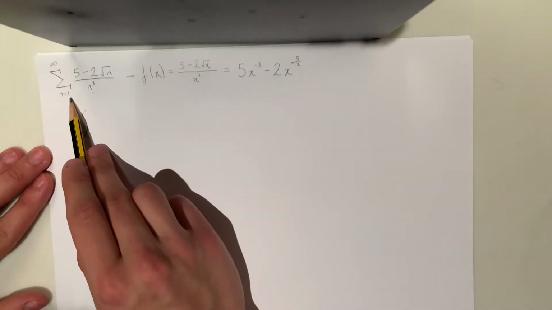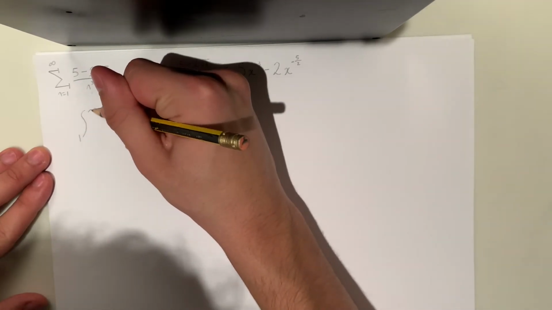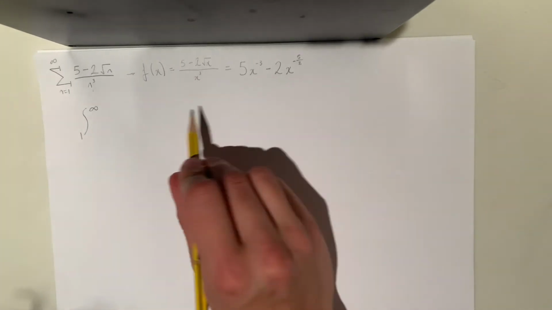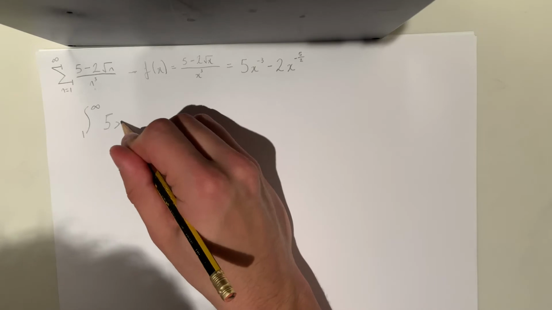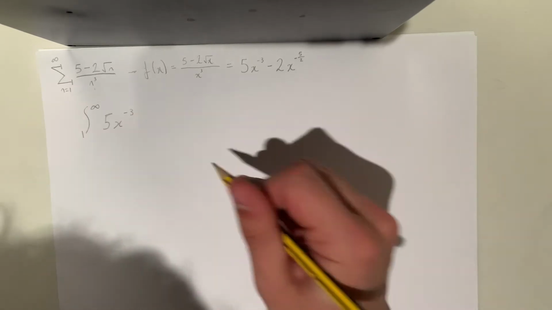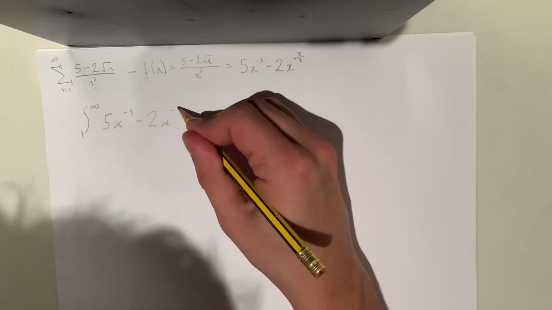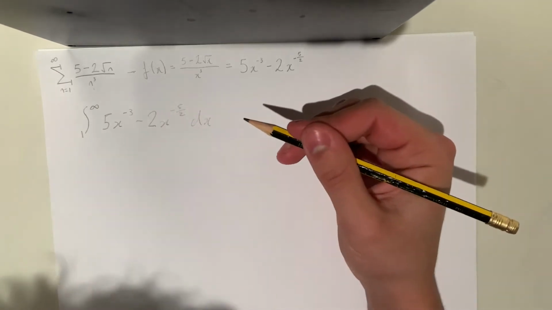between the limits we have here, so from n equals 1 to infinity. Okay, and it's going to be f of x, which we said is equal to 5x to the minus 3 minus 2x to the minus 5 over 2 dx.